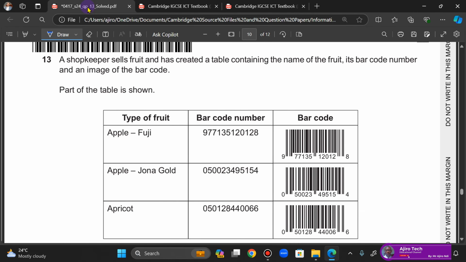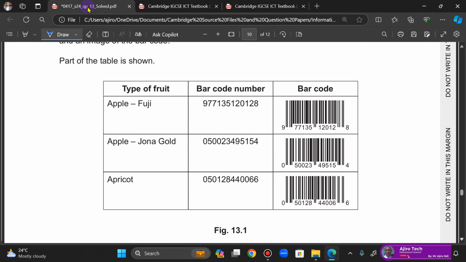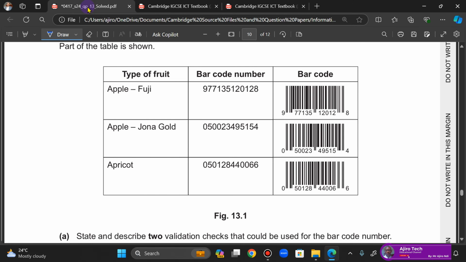A shopkeeper sells food and has created a table containing the name of the food, its barcode number, and the image of the barcode. Type of fruit, part of the table is shown. So we have type of fruit, barcode number, the barcode. So we have apple Fuji, apple Jonagold, apricot.